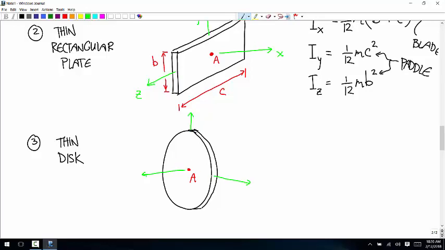The one going out of the front of that disk, the direction it would roll, is x. The one going to the left is z, not y. And the one going up is y. And again, on this one, you have to think about, is this rotating like a blade or a paddle? What's the axis of rotation that makes it a blade? x, yep.